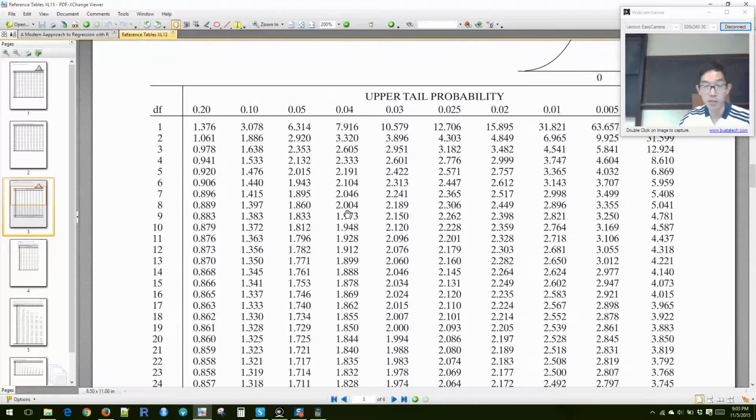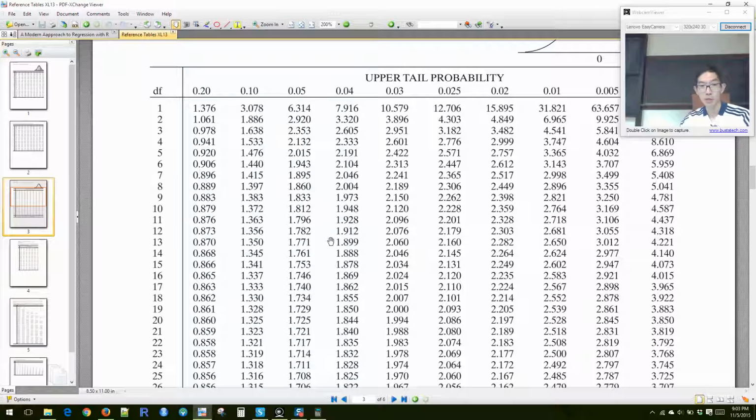We're going to go to our t-table, to the row with 13 degrees of freedom. So we're in this row, and our t is 1.994, right?